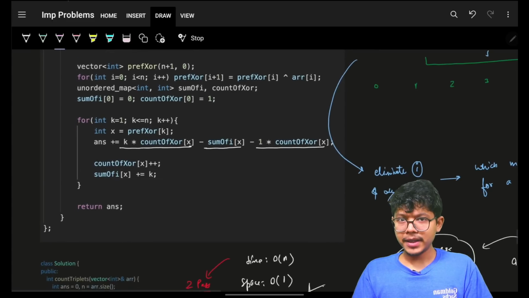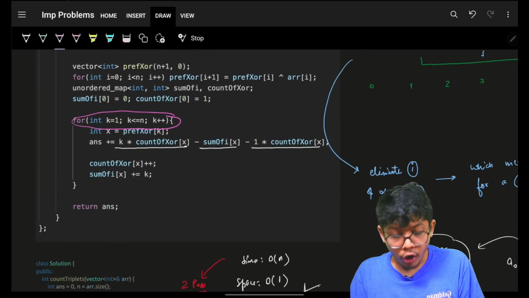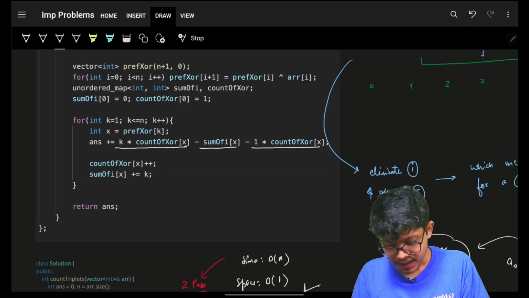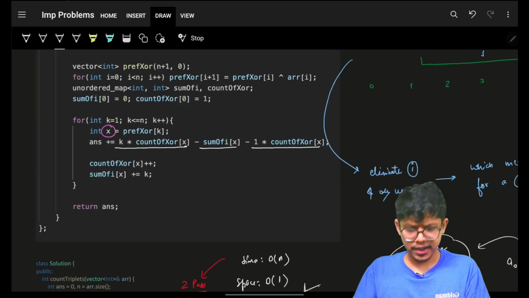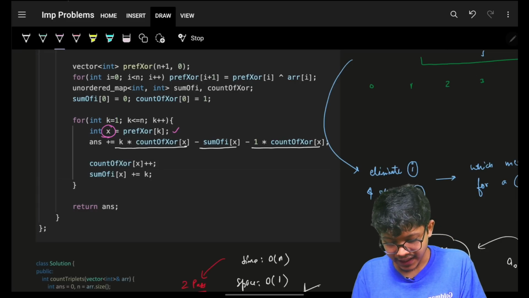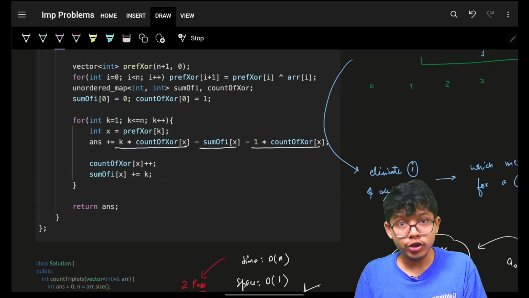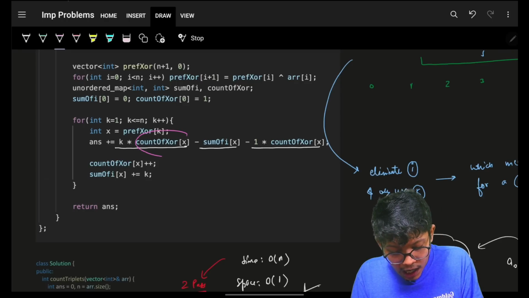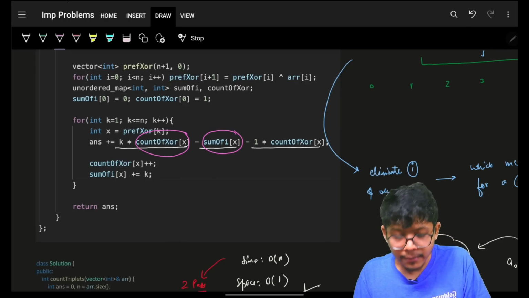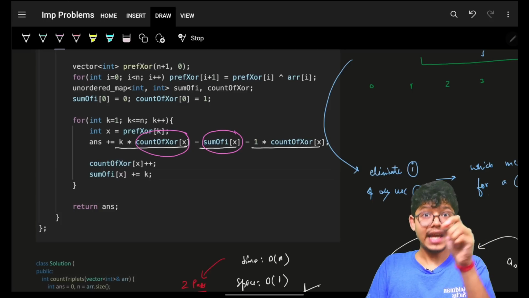Now comes the big point. I will start with all the possible prefix XORs starting from 1, right? And then I'll check for the index k, the current XOR is x, right? I should know the count of x earlier. I should know the sum of all the indexes having that x earlier.